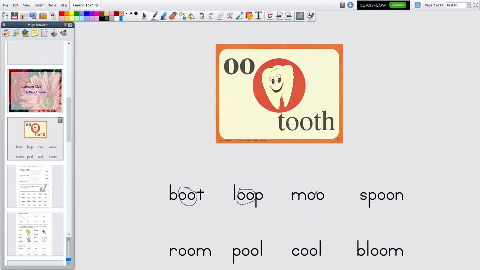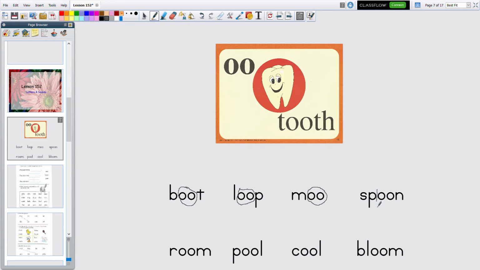So we're going to go through these. Pretend you're marking them with your finger on your screen, like we do on the board sometimes. I wish we could be in the classroom and you could do these with me, but you can pretend. Circling the O-O. Moo, moo, like a cow says.